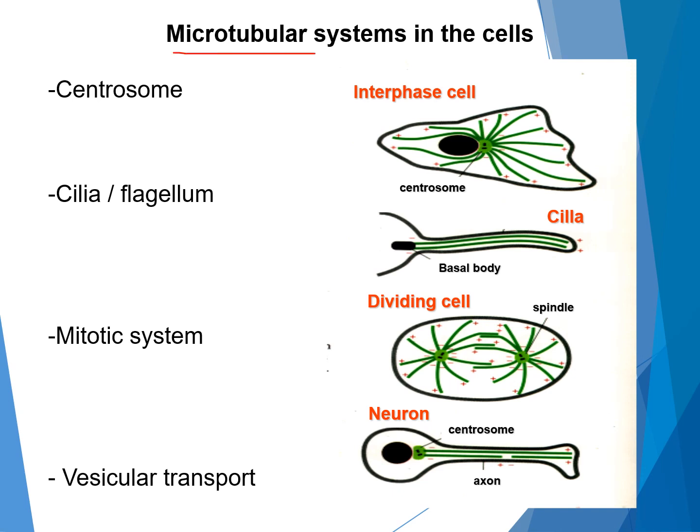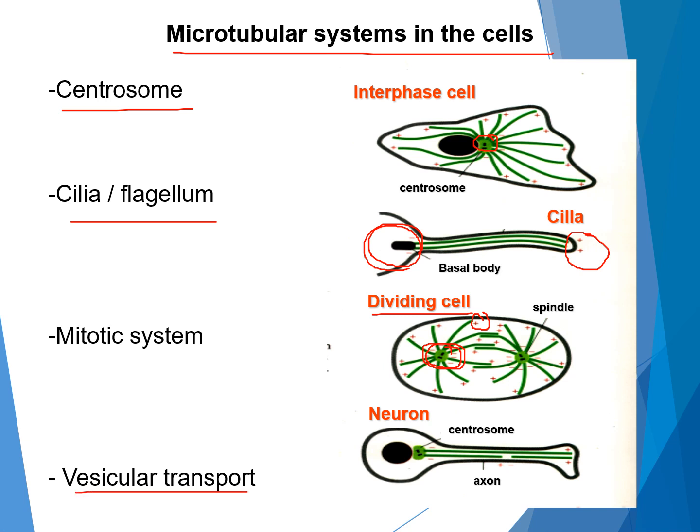The microtubular system in the cells, the example is the centrosome. Here is the centrosome or the centromere. The cilia and flagella have the minus end here and the plus end here. In the dividing cells, we have the minus end at the core and the positive end at the outside.